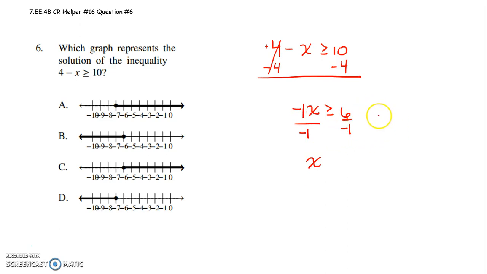Hopefully, your teachers have reviewed with you that when you divide an inequality by a negative, you must reverse the inequality symbol.